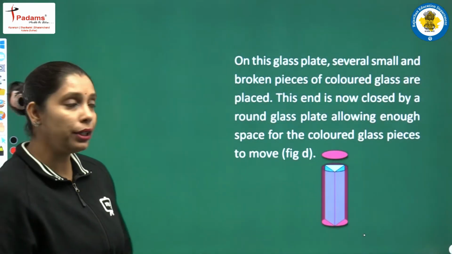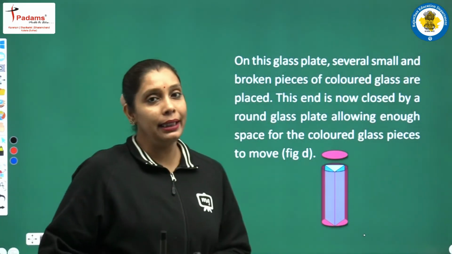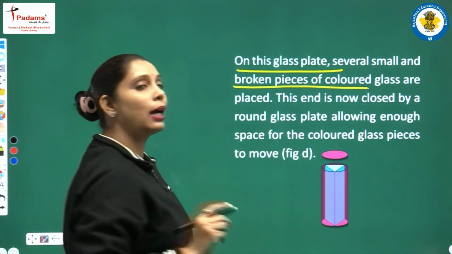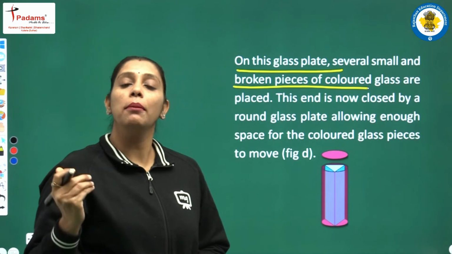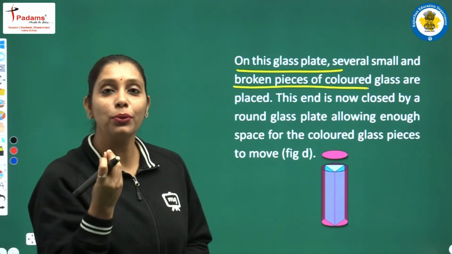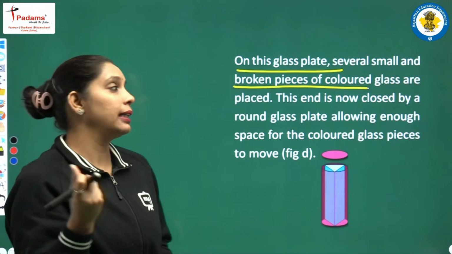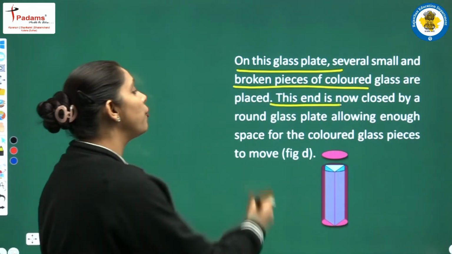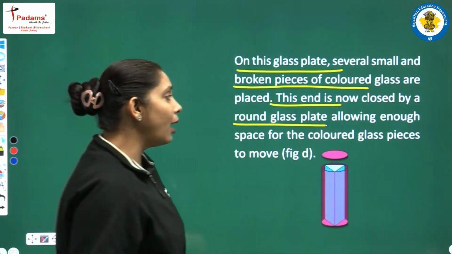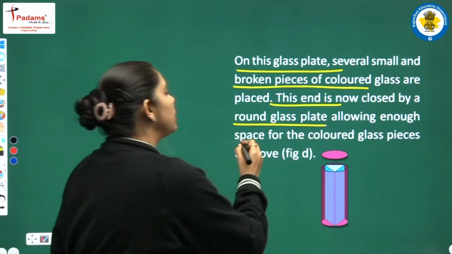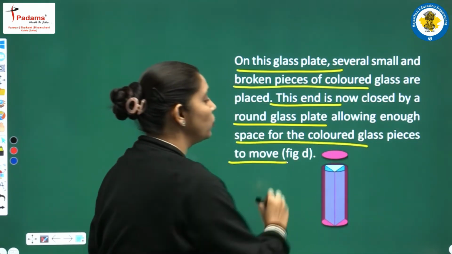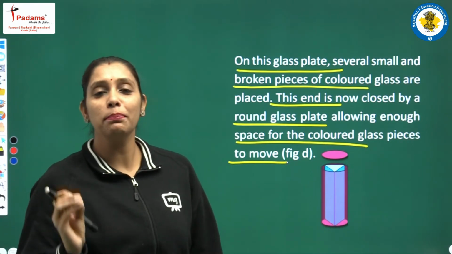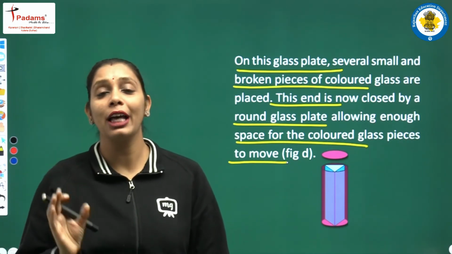Clear everybody? On this glass plate, several small and broken pieces of colored glasses are placed. मैंने बताया भी था, हम इसकी जगह जो कांच की जो चूड़ियाँ होती हैं, हम उनके टुकड़े भी ले सकते हैं. Clear? This end is now closed by a round glass plate, allowing enough space for the colored glass pieces to move. Is it clear everyone? This is your simple kaleidoscope that you can prepare at your home.